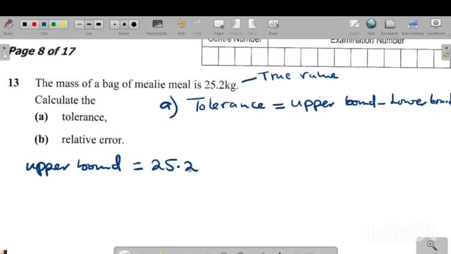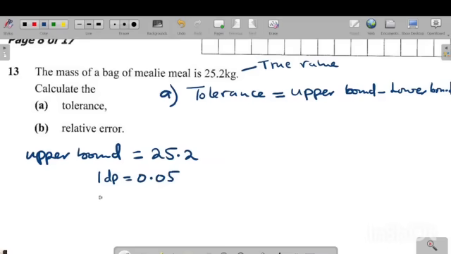If the true value has one decimal place, like in this case, the absolute error is 0.05. If the true value has two decimal places, then the absolute error is 0.005, and if it has three decimal places, it's going to be 0.0005, and so on.